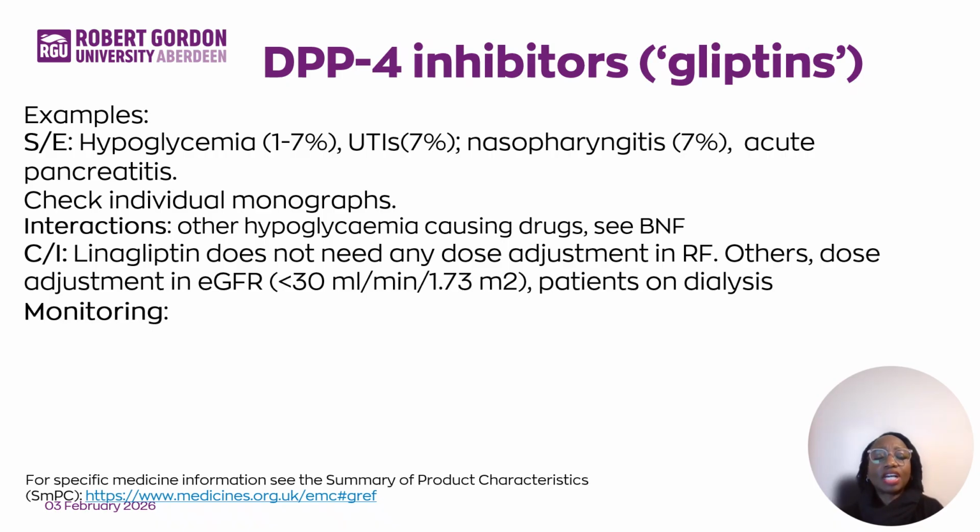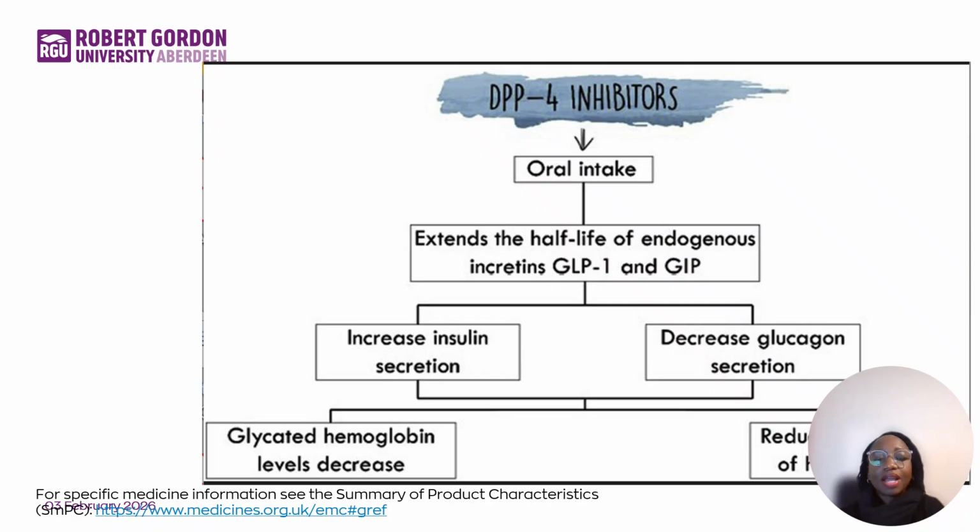Monitoring will be mostly renal function for these ones, but also have a look at the SPC for these products. Okay. I thought I'd include this here. I think, again, myself as a visual learner, I benefit very much from these schematic representations of modes of action.